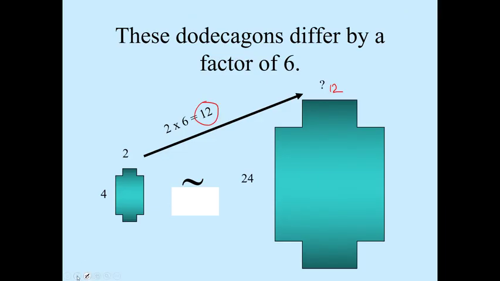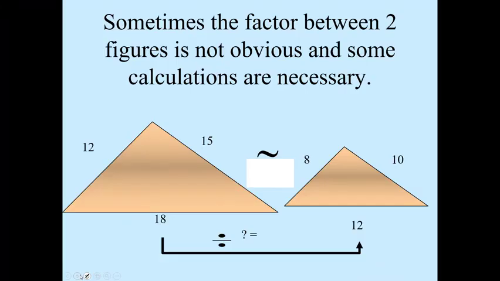Okay, all right, maybe we can try this one. I don't know on this one. What do you guys think? Okay, let's take a look at it. This one says we've got 12, we've got an 18. But is it easy for me to get from 18 to 12? I don't think so.